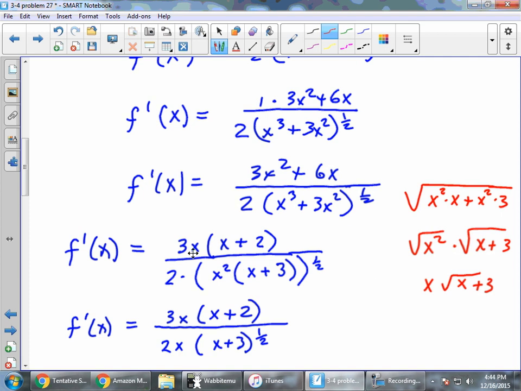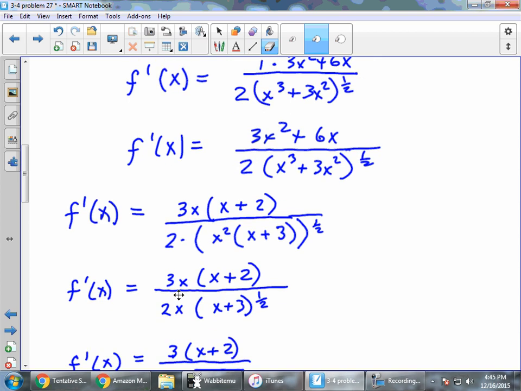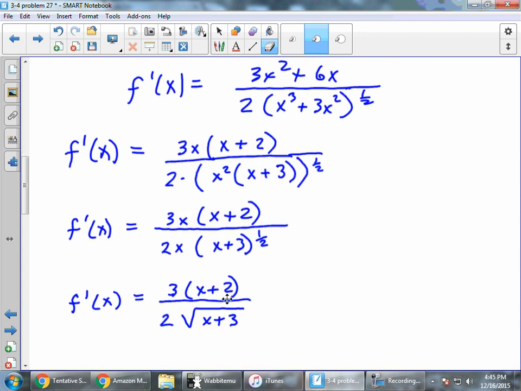And over here, I'm going to get rid of this because we don't need it anymore. Now you'll notice we were able to factor out an x from the numerator, factor out an x from the denominator, and these x's will divide to become 1.